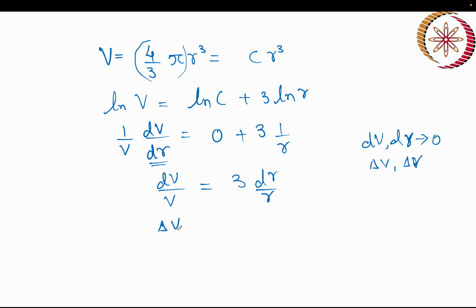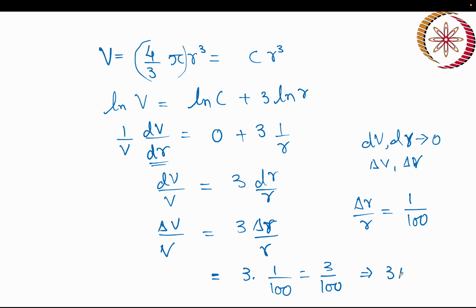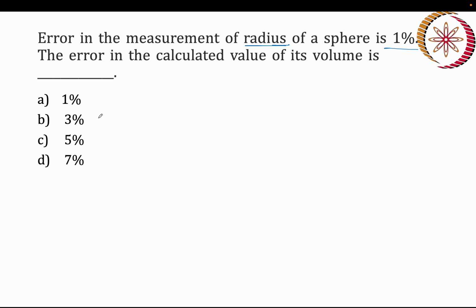So delta v by v is equal to 3 delta r by r. We know delta r by r is 1%, which is 1 by 100. If we substitute that here, it is 3 into 1 by 100, which is 3 by 100, which is nothing but 3%. So the error in the volume computation is 3%. Okay, so this is the correct answer, B.